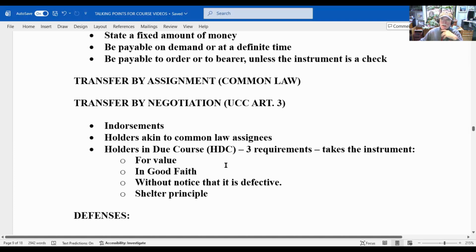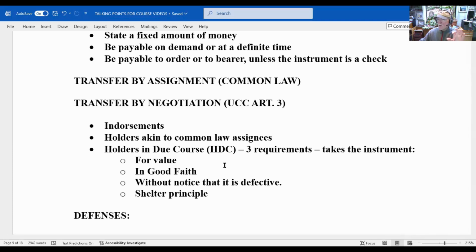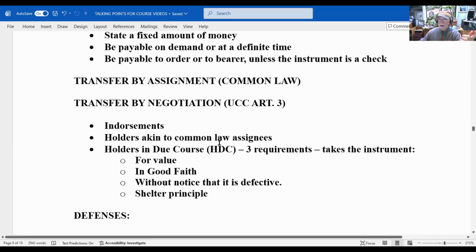They take the instrument for value, in good faith, without notice it's defective. And if there's a holder in due course in the chain of custody, anybody after, whether they qualify based on these 3 conditions or not, is sheltered and will be considered a holder in due course.